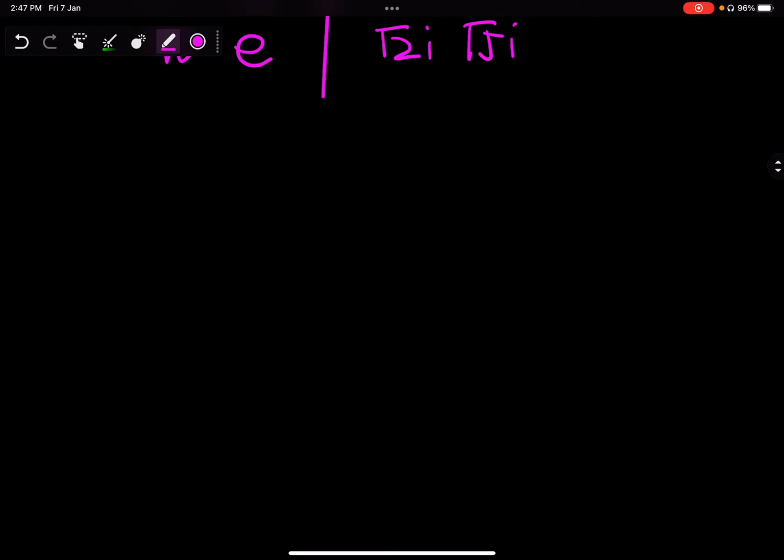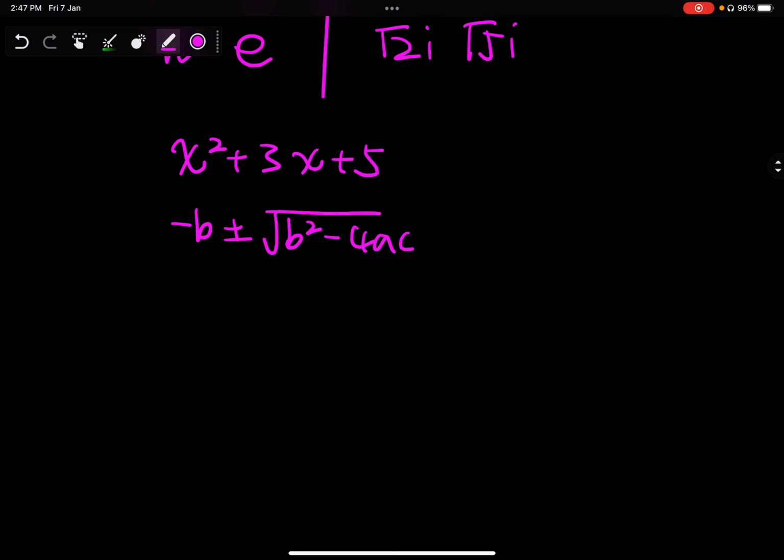Next I will go through how to solve a quadratic equation with complex roots. So, for example, if you have an equation that looks like this, obviously if you try to factorize it, you can't. So, you'll use the quadratic formula, and so you plug the numbers in.